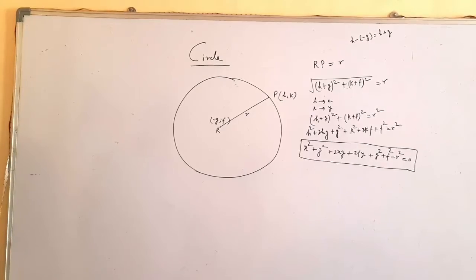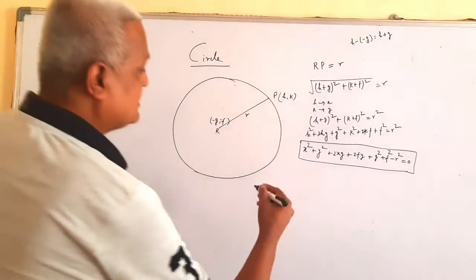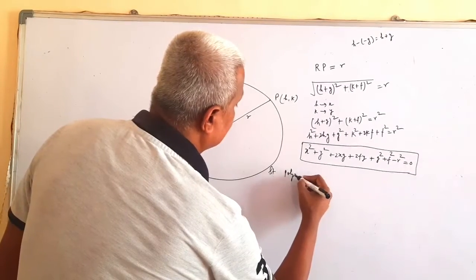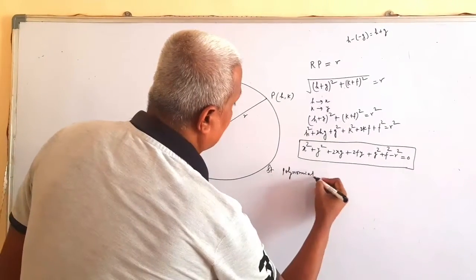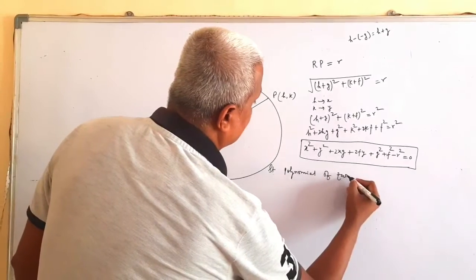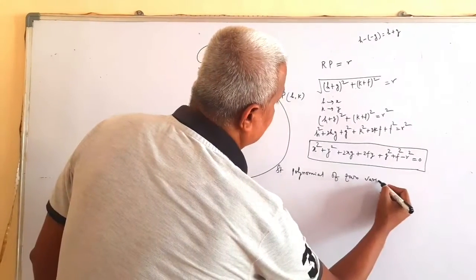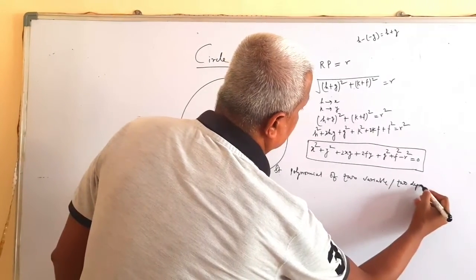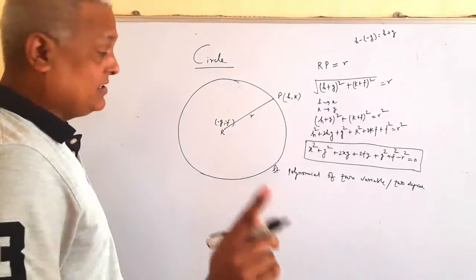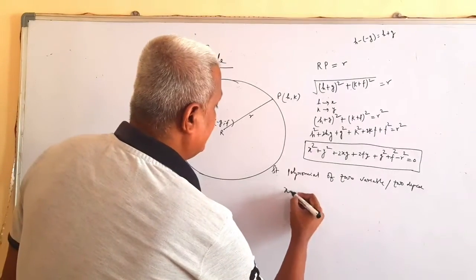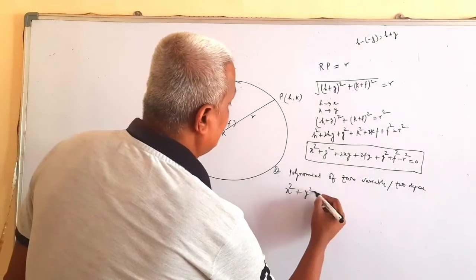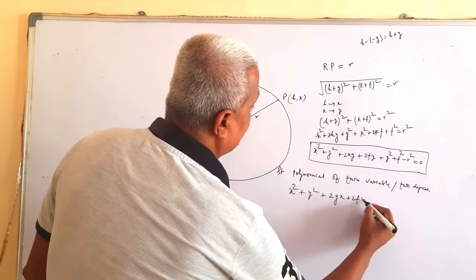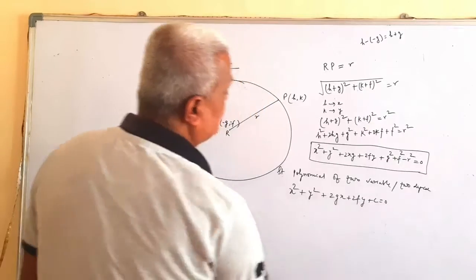Now this equation is a polynomial of two variables. The standard polynomial of two variables and degree 2, definitely not the homogeneous one, is x square plus y square plus 2gx plus 2fy plus c equal to 0.